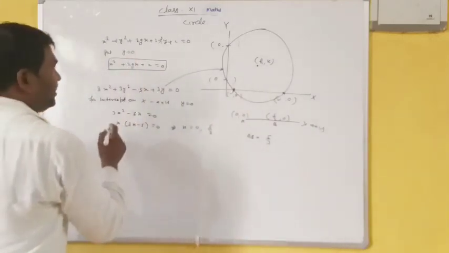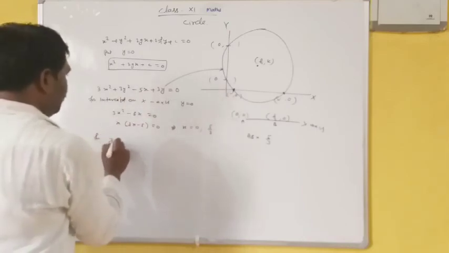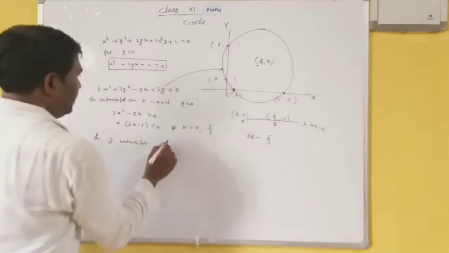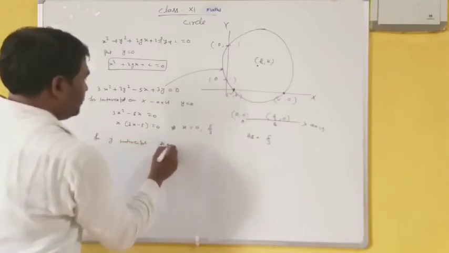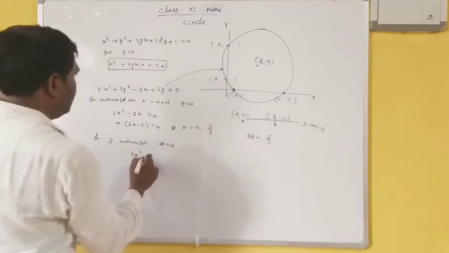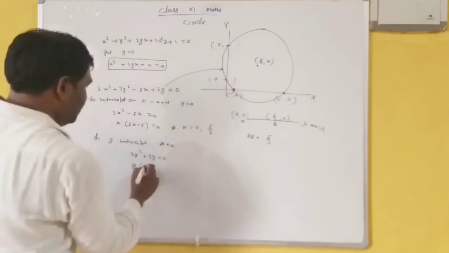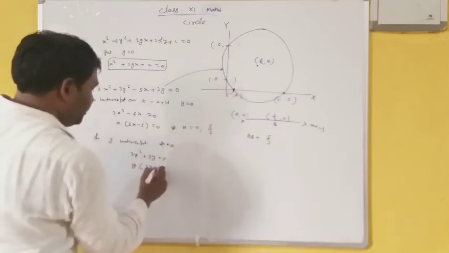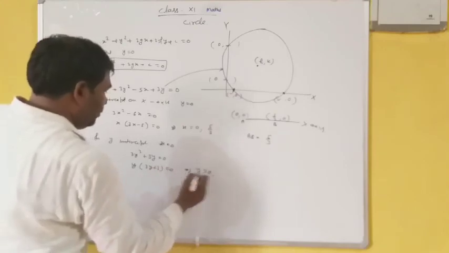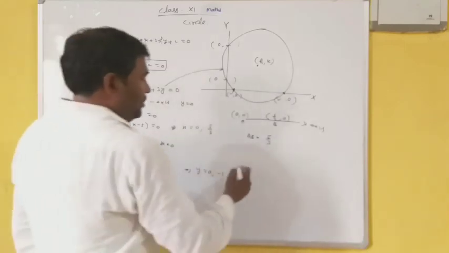Similarly, for the y-intercept, putting x is equal to 0, we get 3y square plus 3y is equal to 0. Taking y common, y times 3y plus 3 is equal to 0. It implies that y is equal to 0 and y is equal to minus 1. Right?